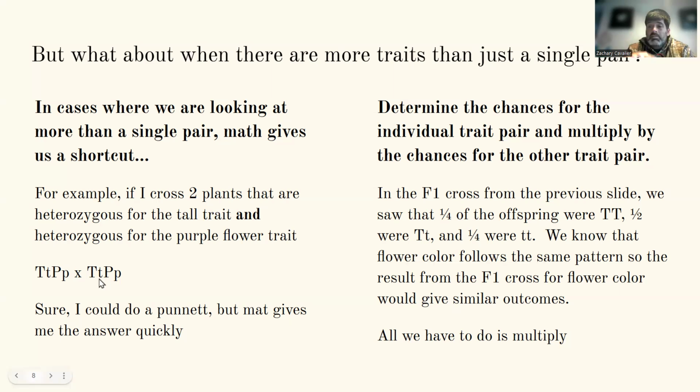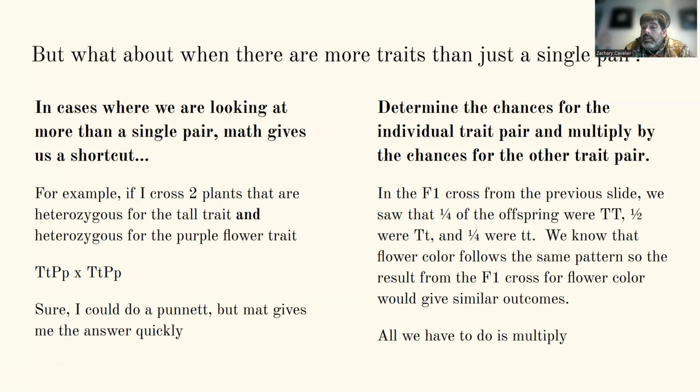Could I do a Punnett square? Sure, this is a 16 box. Remember, you might have seen that before. We'll do one in class next time we meet. Sure, I could do that. That would be pretty easy and pretty straightforward, but on a test, I don't have time for that. Could I determine the chances of any of the outcomes just mathematically? And the answer is yes.